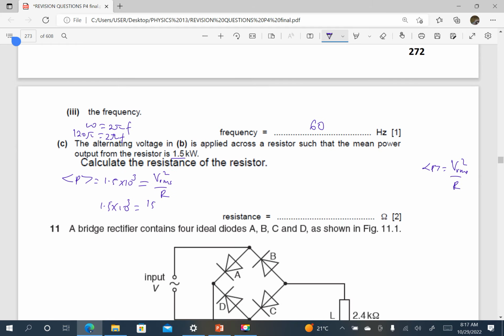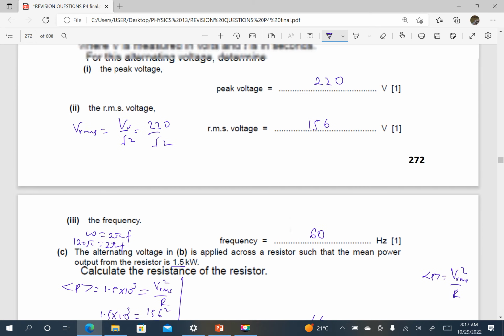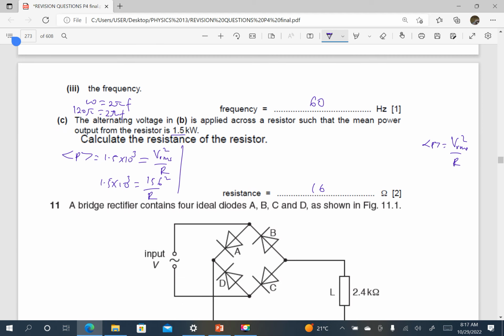So this is 156 squared divided by R. When I cross multiply and find R, R will be 156 squared divided by 1.5 times 10 power 3, and I am getting 16. Alternatively, you could choose another expression depending on what you have, but this is the most direct one because we have voltage, so we shall use the root mean square value of V.